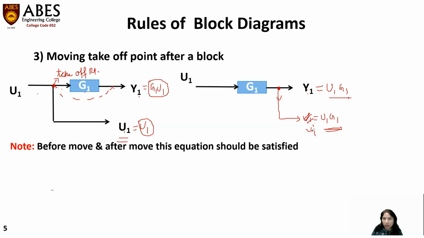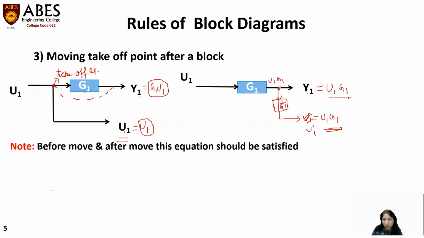Right? So what we'll do for getting this u1, we will add one block over here, which is having a value of 1 upon g1. If I add this block over here, having a value of 1 upon g1, now just multiply. I'm getting here u1 into g1.